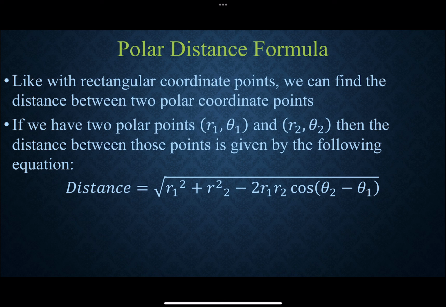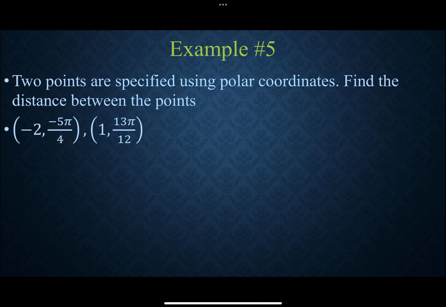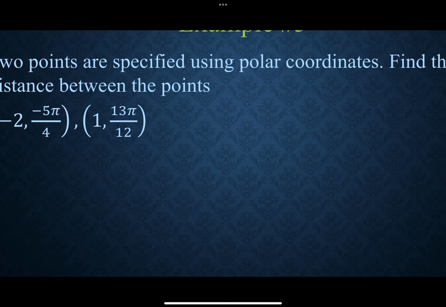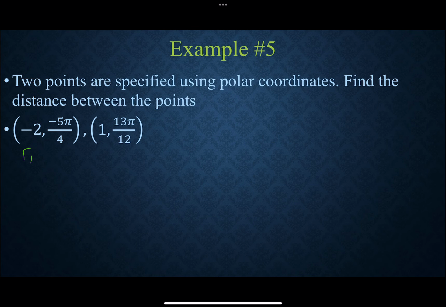Like with your regular distance formula, regular slope, or anything else like that, the order you do them in, which one's R1, which one's theta 1, as long as they match, that's fine. Which one you call R1, R2, doesn't matter, just be consistent. R1 is going with theta 1, R2 then goes with theta 2. So here, if I go left to right, this would be R1, theta 1, this would be R2, theta 2.